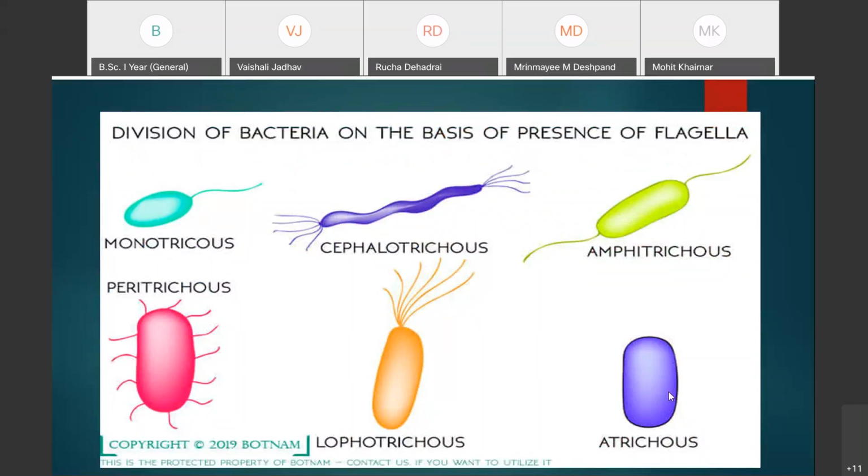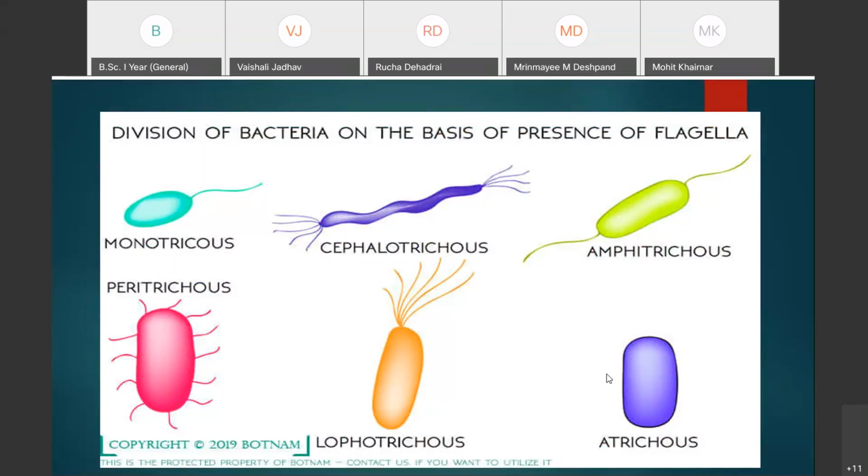When the flagella are entirely absent, the bacterium is called the atrichous type. When the flagella are entirely absent, the bacterial cell is said to be atrichous.